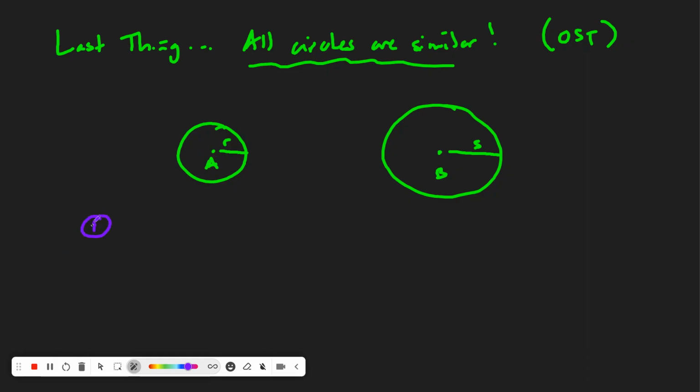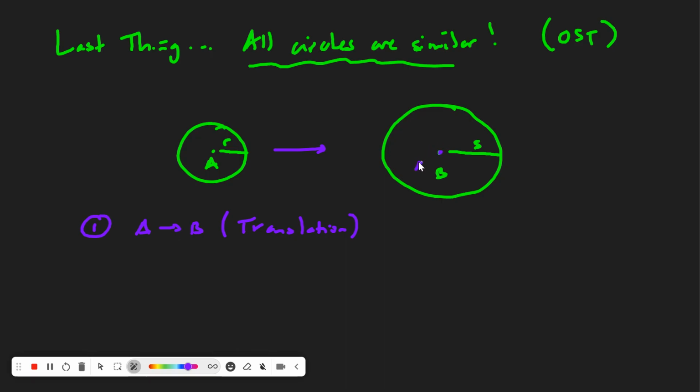So step 1, you need A to go to B. Typically we do this with a translation. I would just slide this circle so that A and B line up.